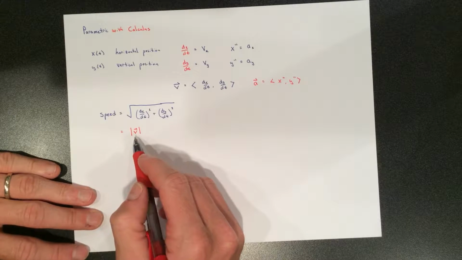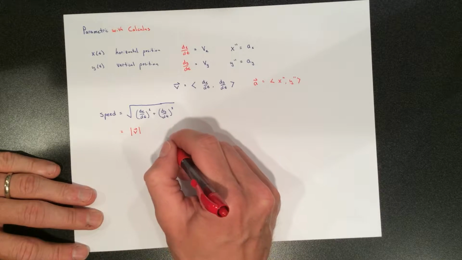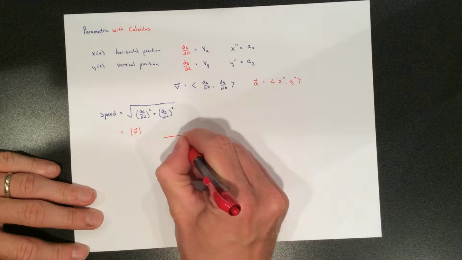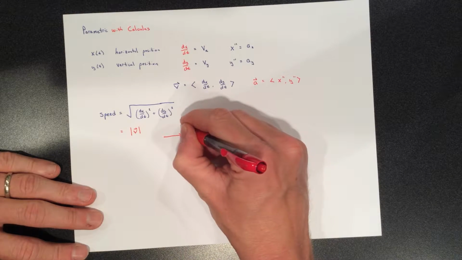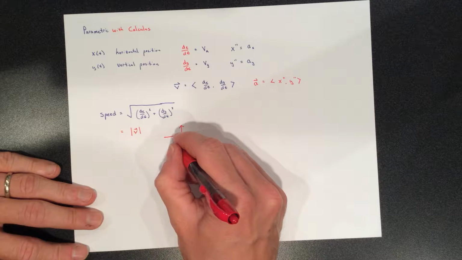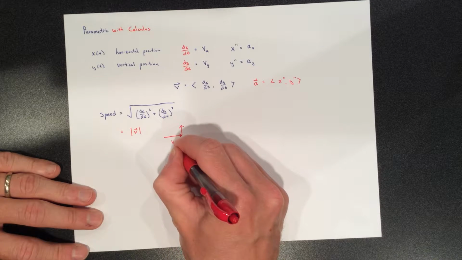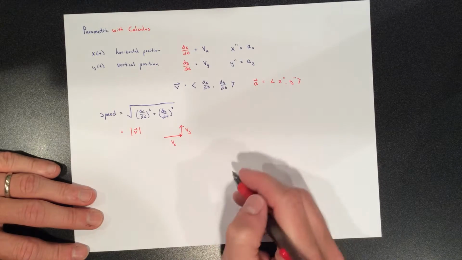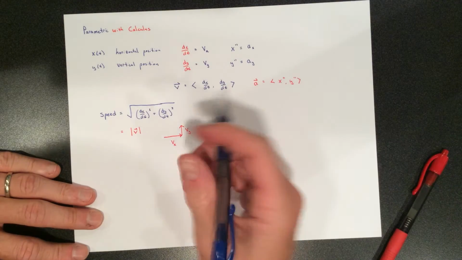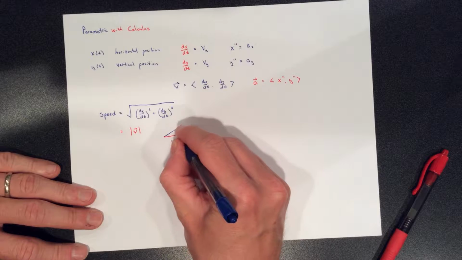Now, velocity is a vector, which just means it's got components. At any moment in time, you're moving horizontally, and you might be moving vertically, right? This is just your horizontal velocity, dx/dt, and this is your vertical velocity, dy/dt. Well, the speed is the length of that vector.